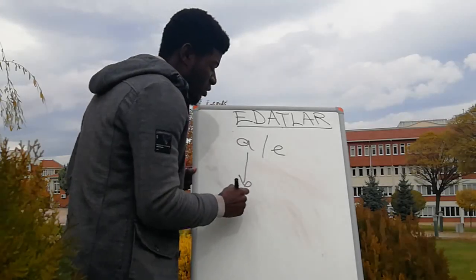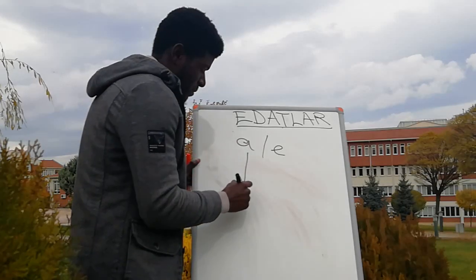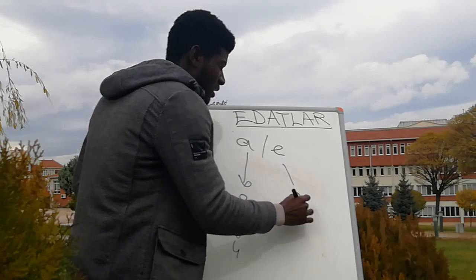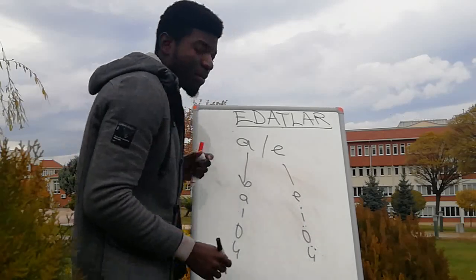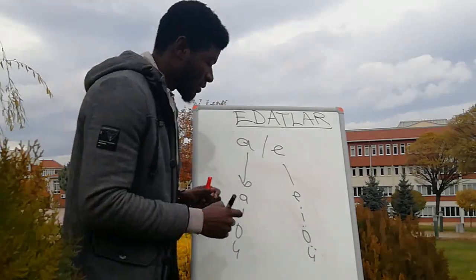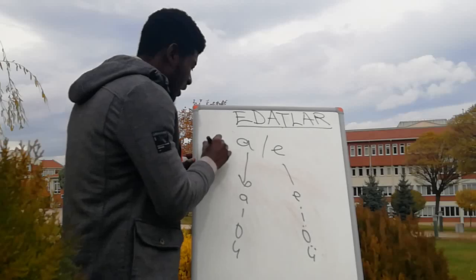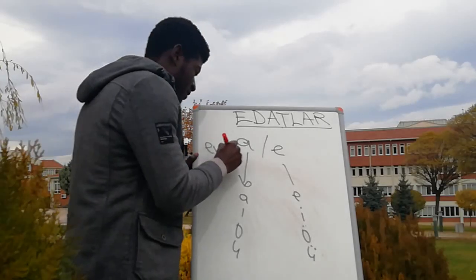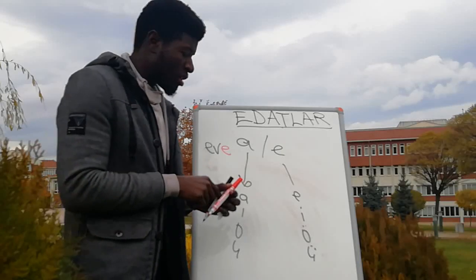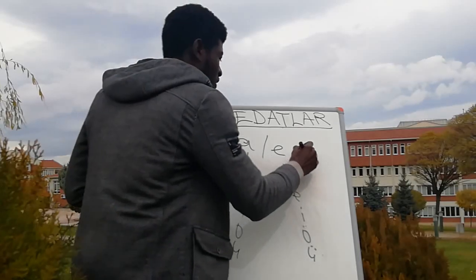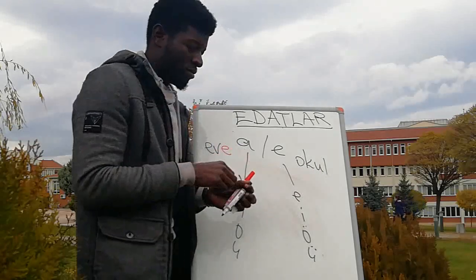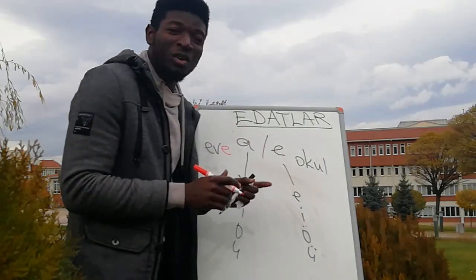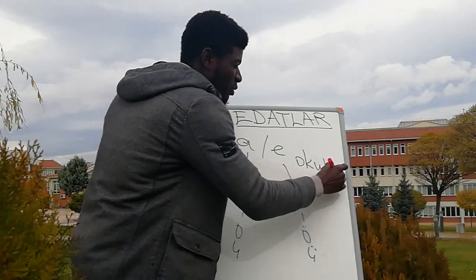So a will be going for a, o, u, and e for e, i, ö, ü. If I want to say ev, which means house, it will be eve, right? Or okul: okula.